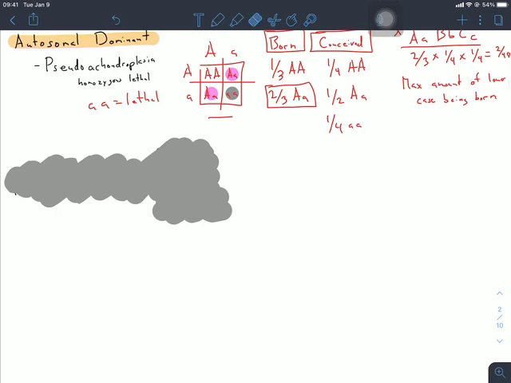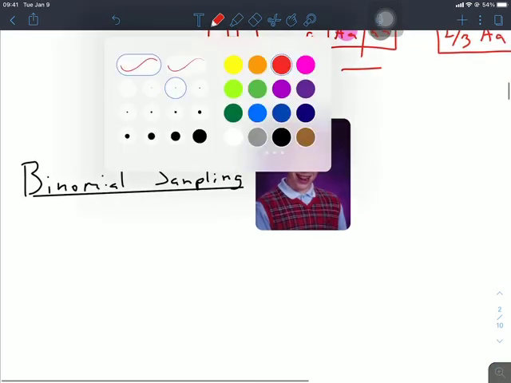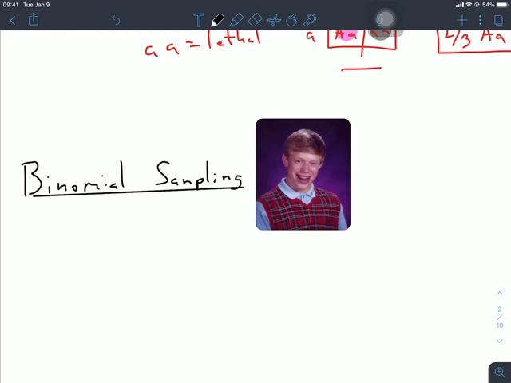Now on to a different format of problem, not something that's going to be looking at our ratios within Punnett squares, but rather our odds of sampling, with the meme included, our bad luck Brian.